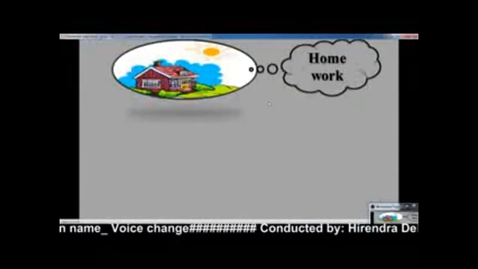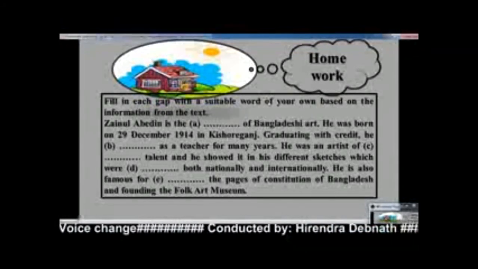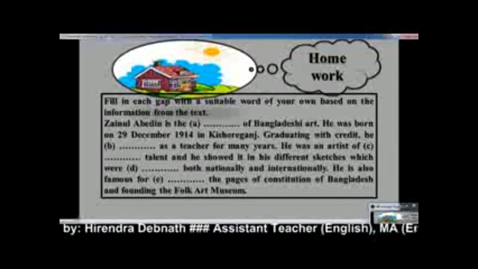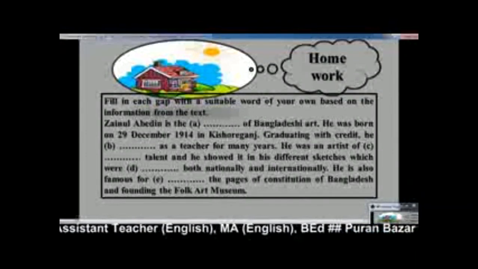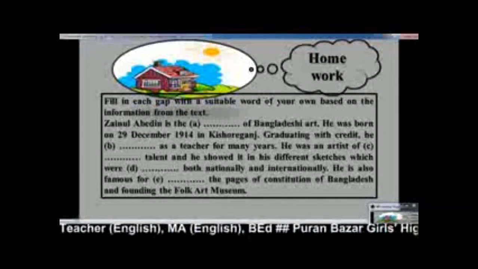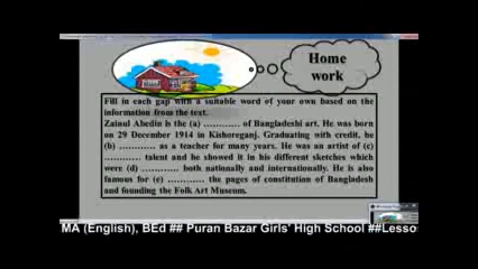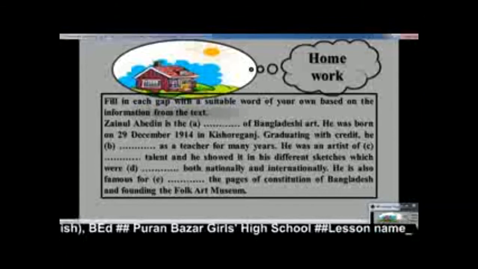Dear learners, this is the topic of your homework. Please write it down in your exercise book and do it at home. I will read the topic of your homework. Fill in each gap with a suitable word of your own based on the information from the text. Zainul Abidin is the A dash of Bangladeshi art. He was born on 29 December 1914 in Kishoreganj.